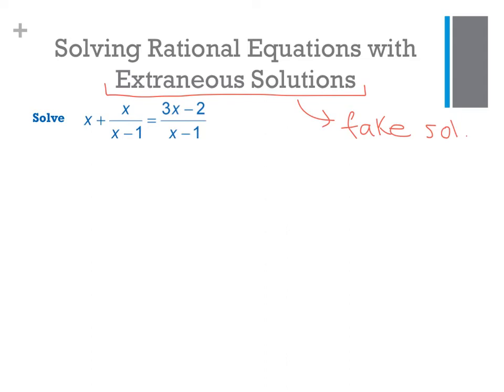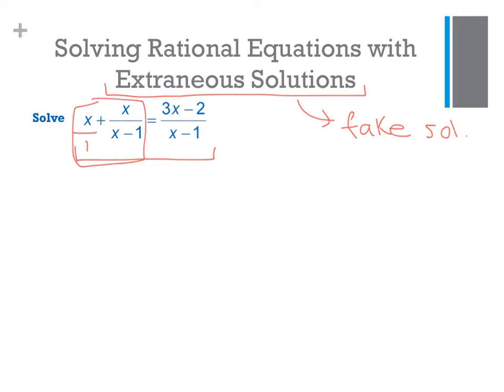So what we're going to do here is we are going to solve this rational equation. Right here, this x has a 1 underneath it. And in order to add these two fractions on the left side, I'm going to go ahead and get a common denominator.